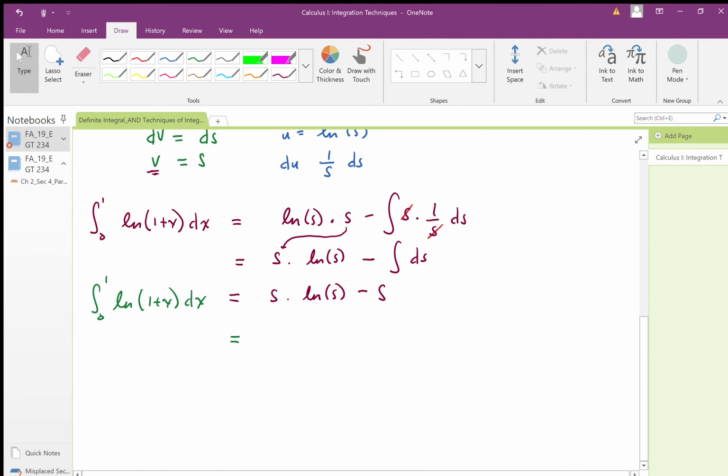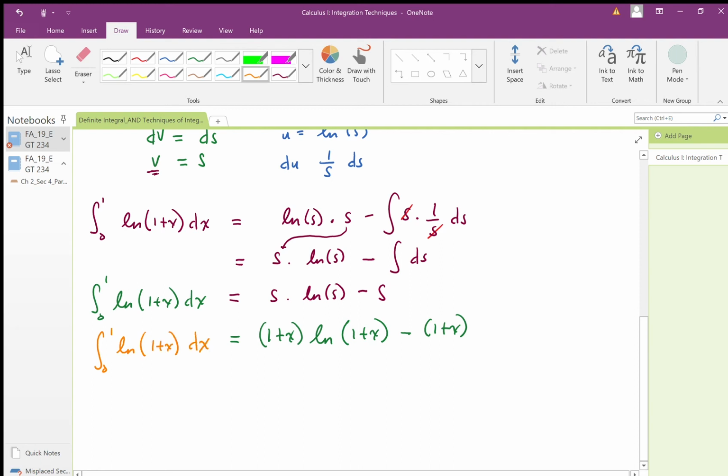So if I do that, I get 1 plus x times the natural log of 1 plus x, minus 1 plus x.